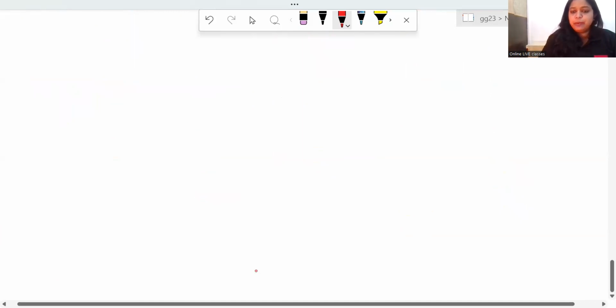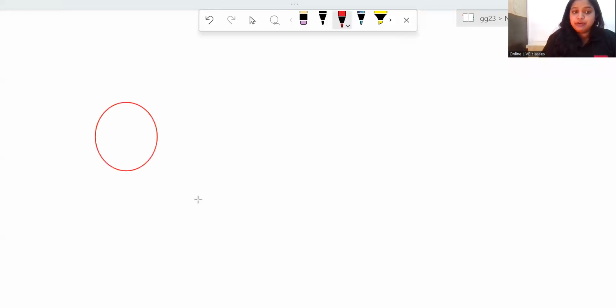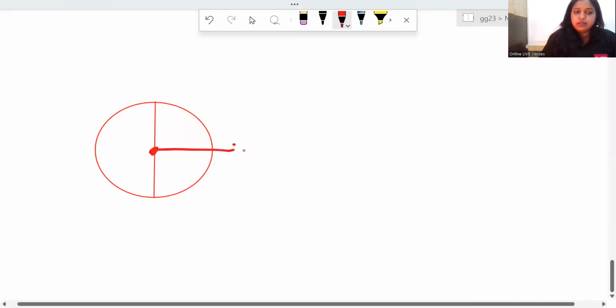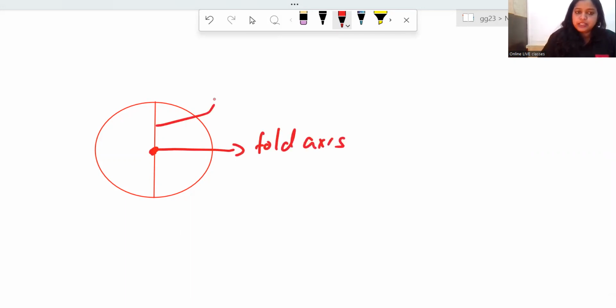Then there was a question from structural geology. They have given a stereonet where the fold axis was going through the center. This is the fold axis and this is the axial plane.